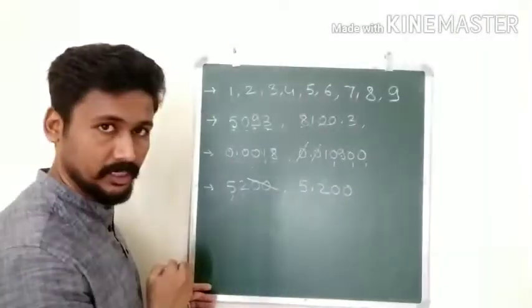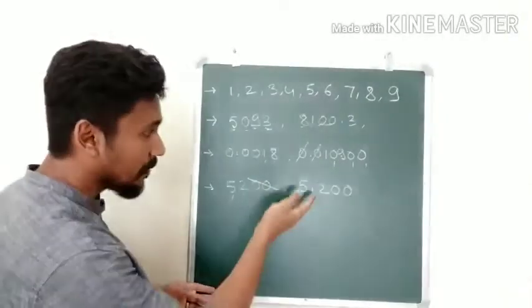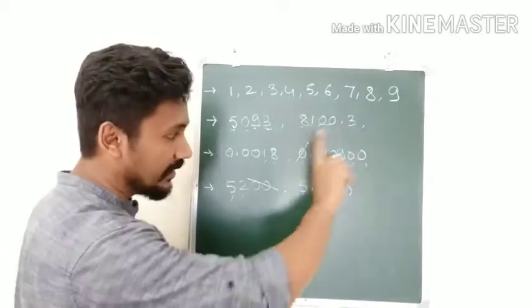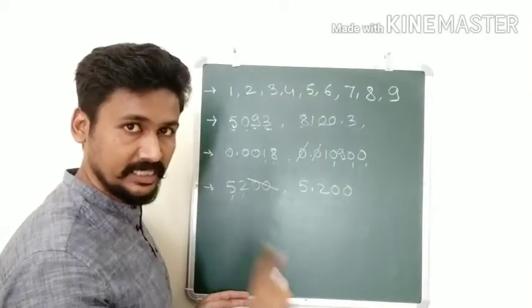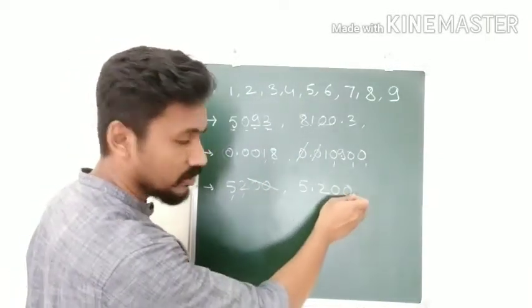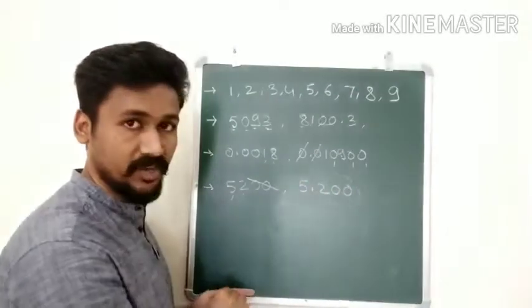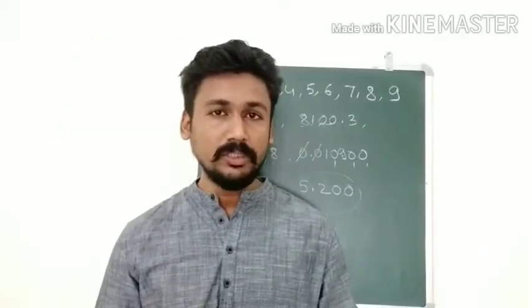Only 2, 5 and 2. So in this number only 2 significant figures. But here we have a decimal point. If there is a decimal point, all the trailing zeros, that is all the zeros towards the right hand side, they will be significant. So 5.200, here all these are significant, and here you will see you are having 4 significant figures. I hope all these rules were understood.